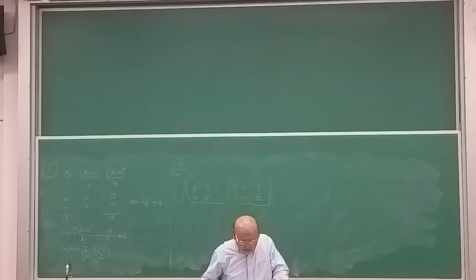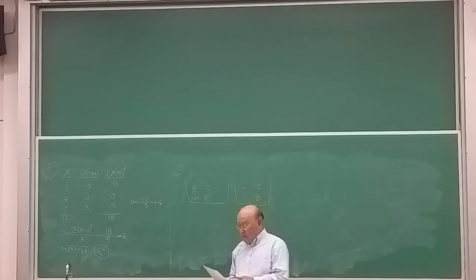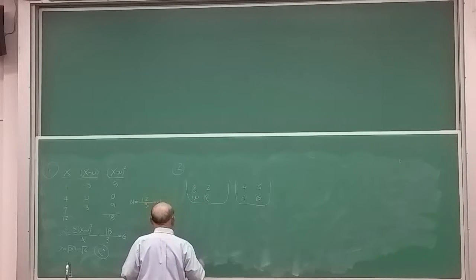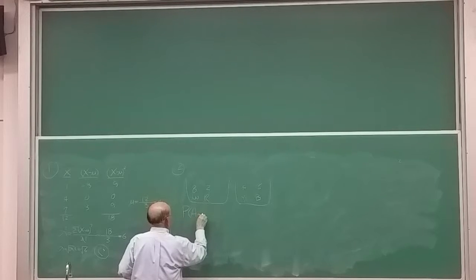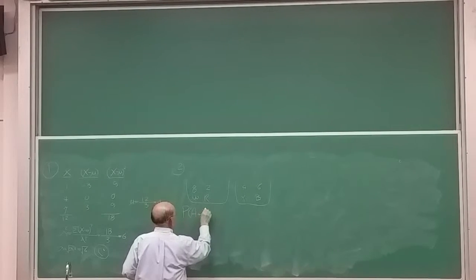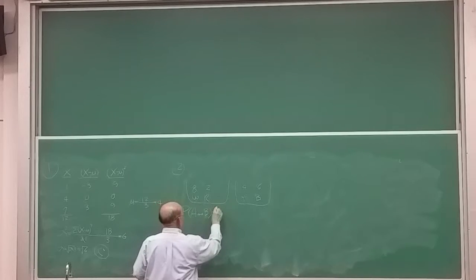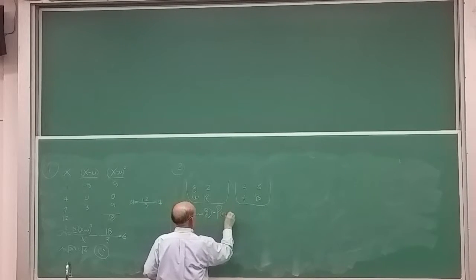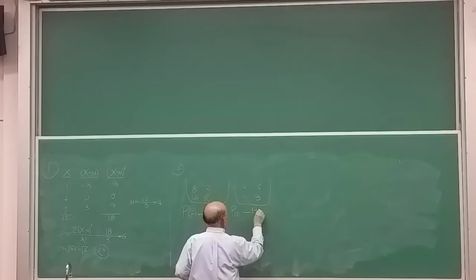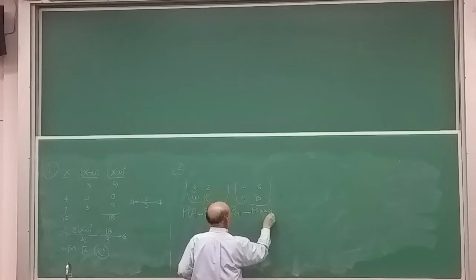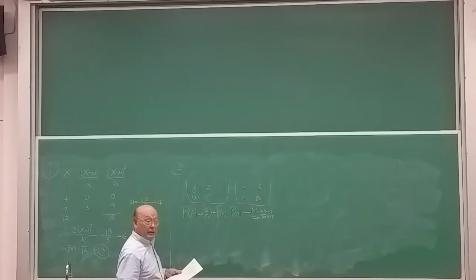The question was getting red and yellow. The formula says A and B is the probability of A times the probability of B, for independent events. That's what the formula says.